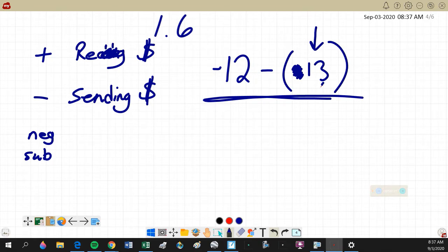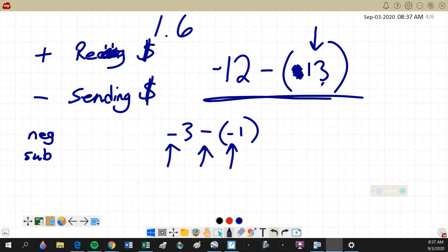So if I were to read this, -3 minus -1, this is a negative, this is a subtraction, and this is a negative. Do you guys see the difference? Negatives tell you what the sign of that number is, but subtraction tells you if it's sending or receiving.